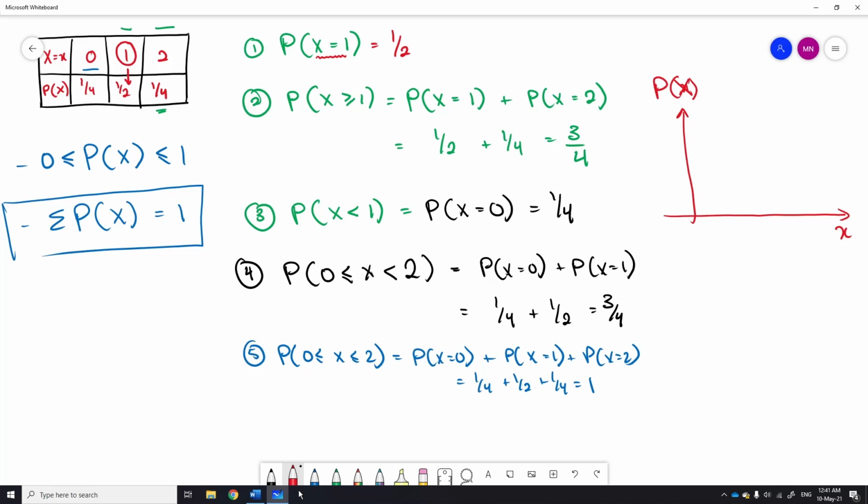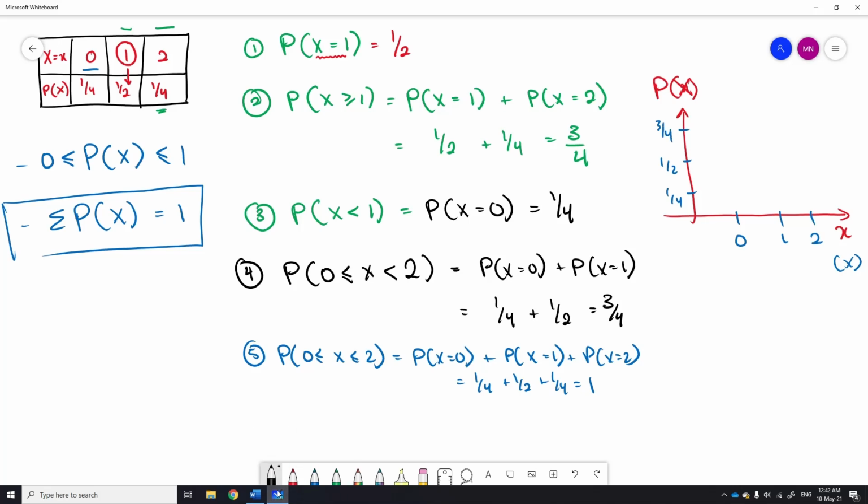Then on the x-axis we have 0, 1, 2. The probabilities are 1 over 4, 1 over 2, and 1 over 4.